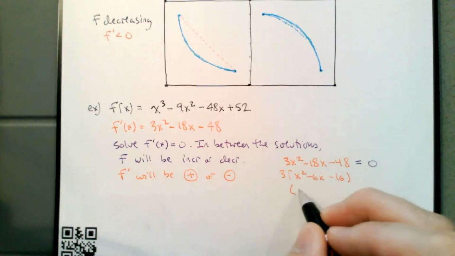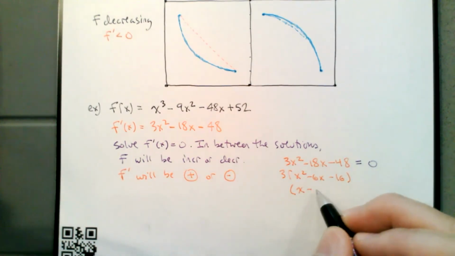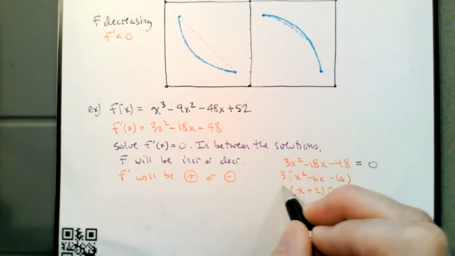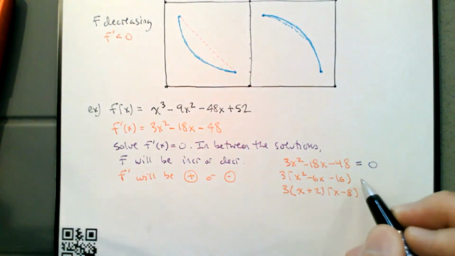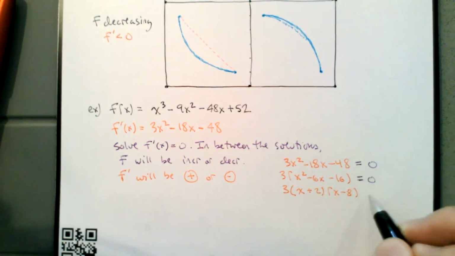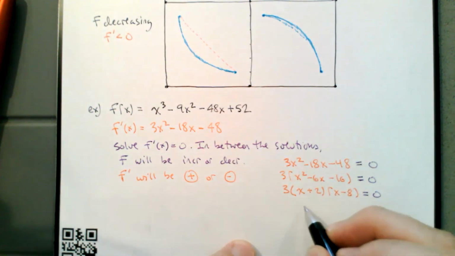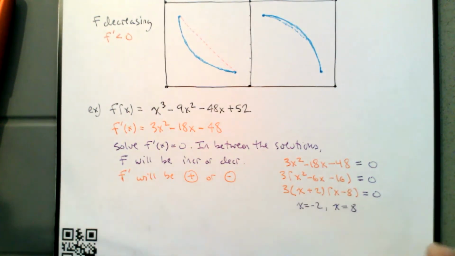Then I can factor this further to x plus 2 and x minus 8. So I get 2 points where the function is flat. Now we can see that f is flat when x is equal to -2 and x is equal to 8.